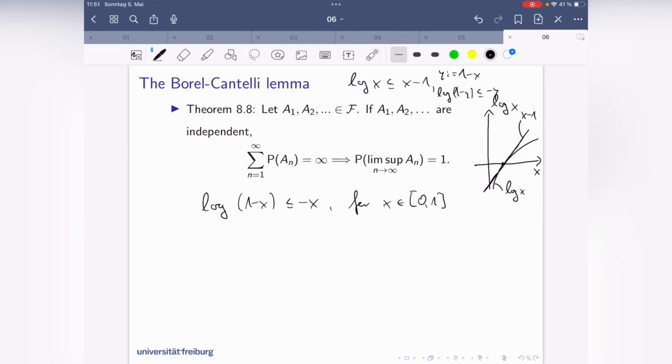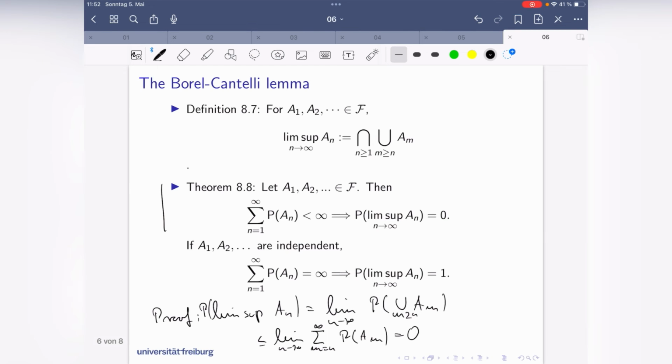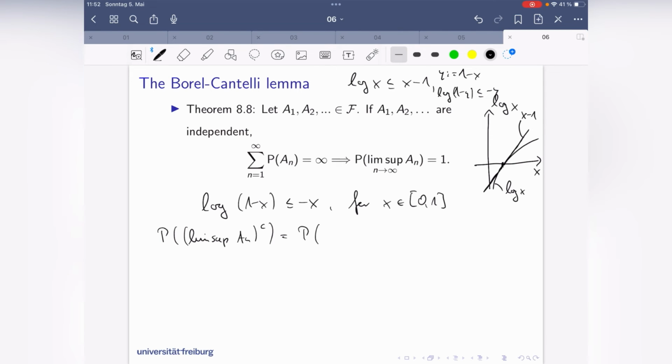I have to show that the probability of this here equals 1. And it's the same to show that the lim sup of A_N complement equals 0. Okay, let's write it down. The lim sup was the intersection of the union. I make the complement, then that's the union of the intersections, M bigger or equal to N, of the complements.